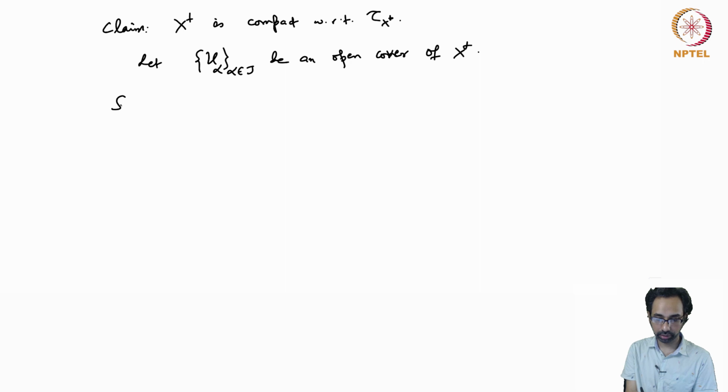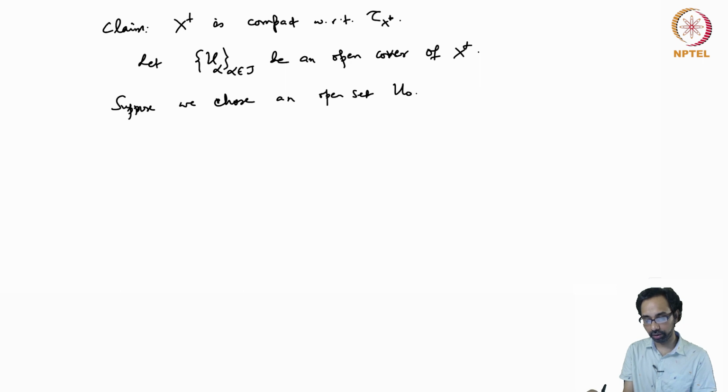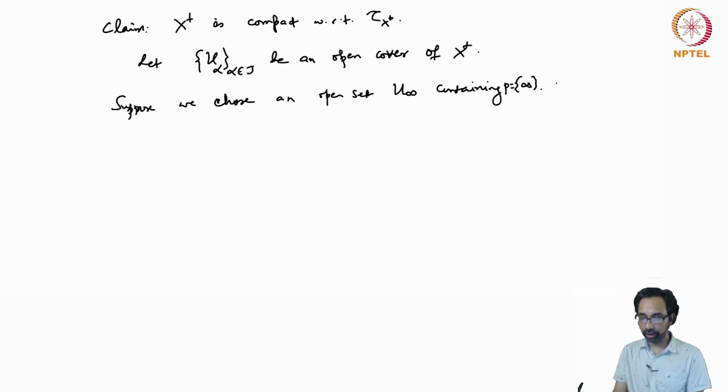So suppose we choose an open set, let me call it U infinity, which is a neighborhood of infinity, containing the point at infinity p, and U infinity belongs to this open cover.